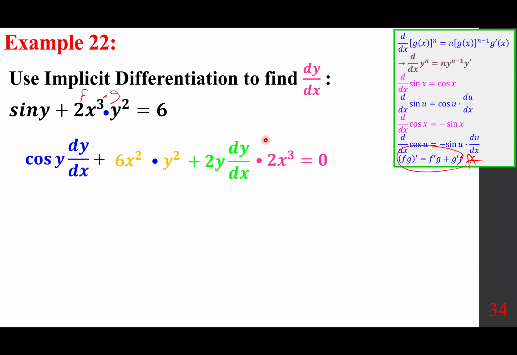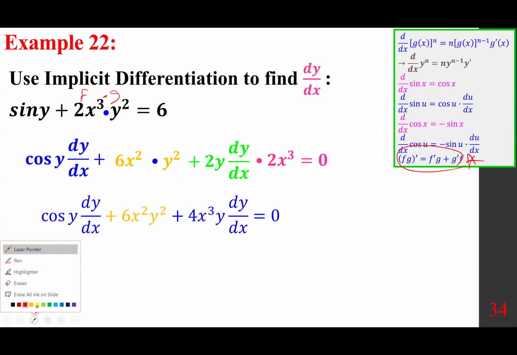Again, we're done with calculus. Since we want to solve for dy dx, first let's rewrite this as 6x squared y squared and combine these two into 4x cubed y. Move this, becomes negative 6x squared y squared on the right.